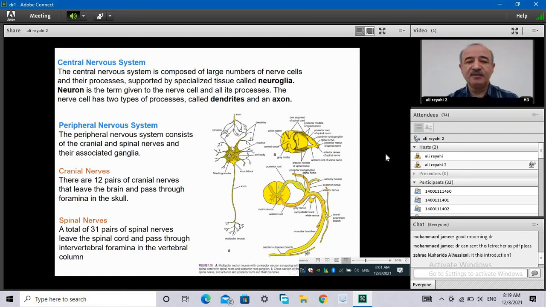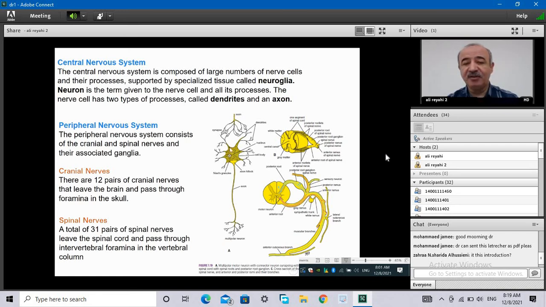Each neuron usually has a cell body, or perikaryon, which contains the nucleus and the cytoplasm, and it has some processes that exit from the cell body.